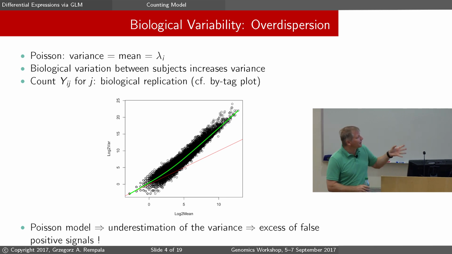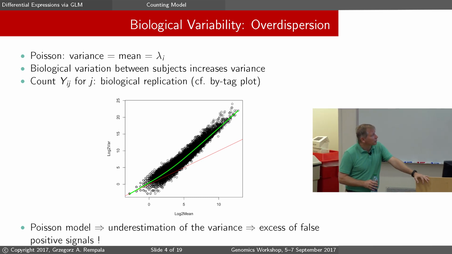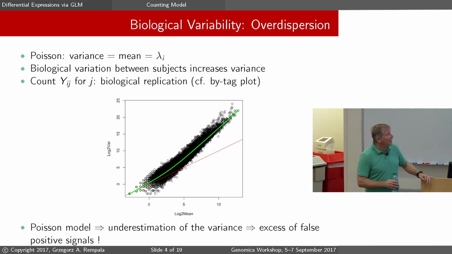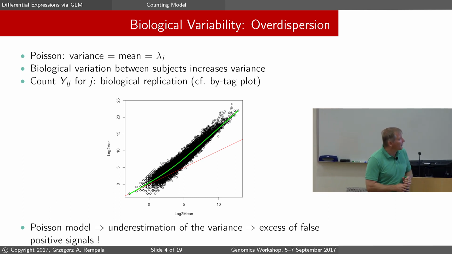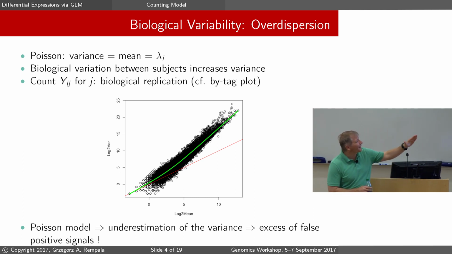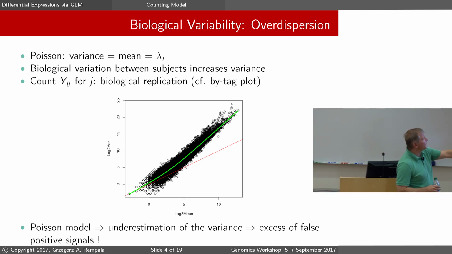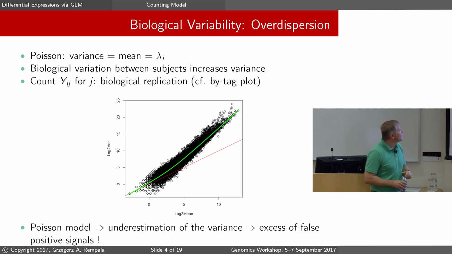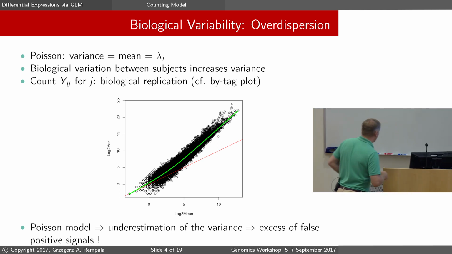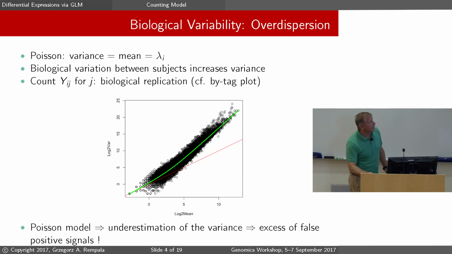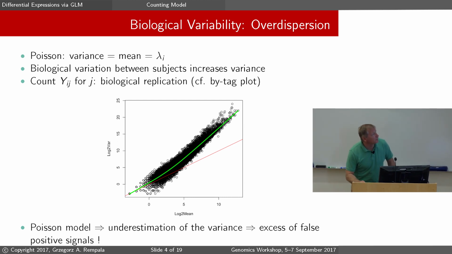But if I look at the data that comes out of differential expression experiments, and do these tag-by-tag plots, so if I attempt to analyze any realistic data, I get something like this. If I take the logarithm of the mean and the logarithm of the variance, I see this plot here, which is moving upwards and certainly doesn't follow the line x equals y.